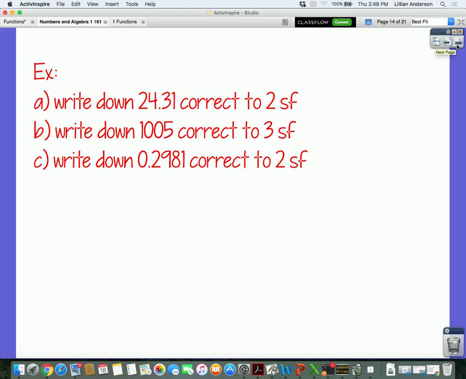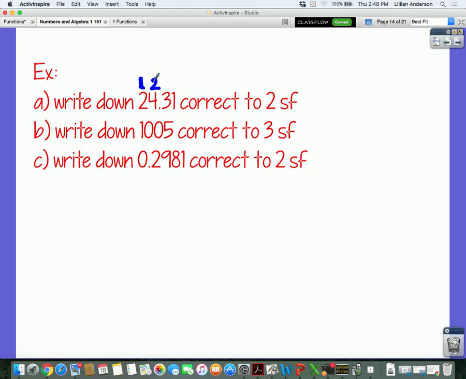The first one says to write down 24.31 correct to 2 significant figures. SF stands for significant figures. Where do we start our count? What's our first significant figure? The 2. So this is 1, and this is 2. So we're going to stop there.